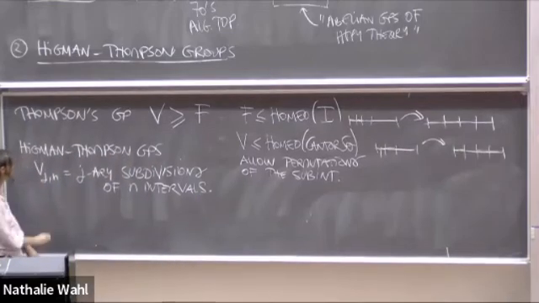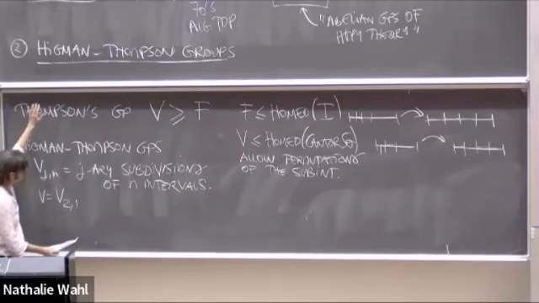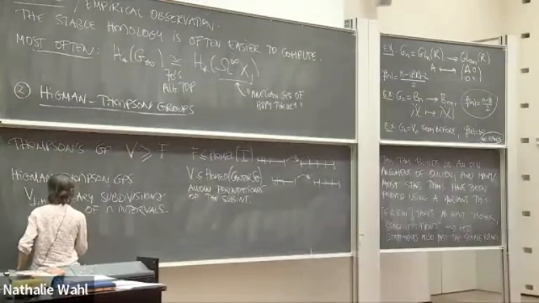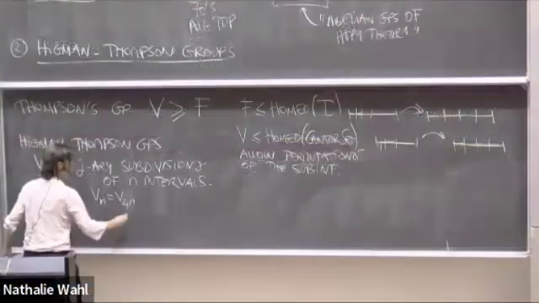So in particular, V is V_{2,1} because we did binary subdivisions and we had a single interval. Okay, so these are the groups.